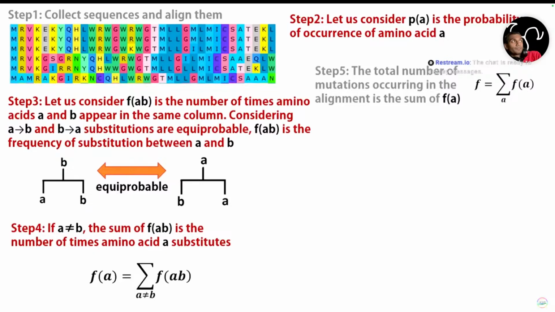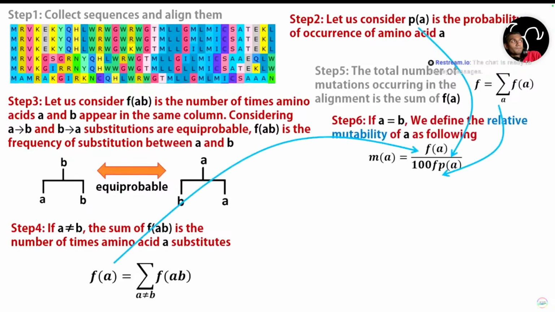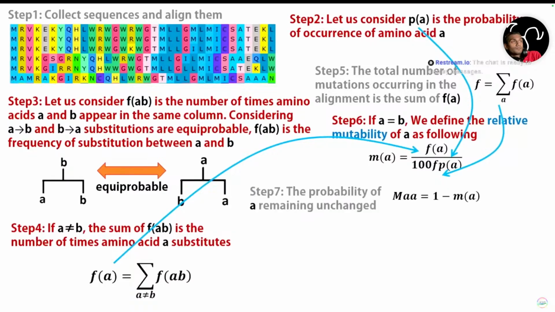This is given by this expression. If A and B are the same, this means that we are calculating the probability of A remaining unchanged during this interval. This is based on the relative mutability of amino acid A, which is given by this expression. The mutability of an amino acid is a measure of how much it changes in the evolutionary period of interest.